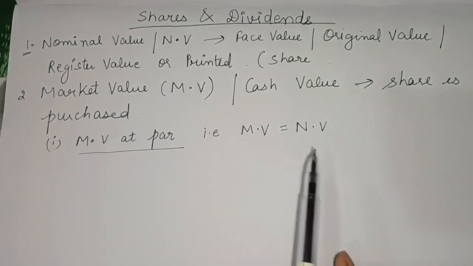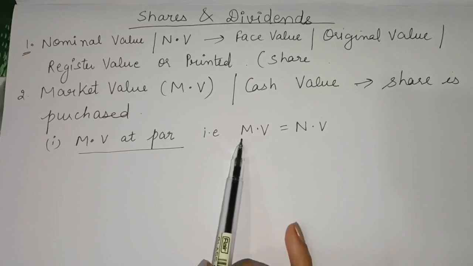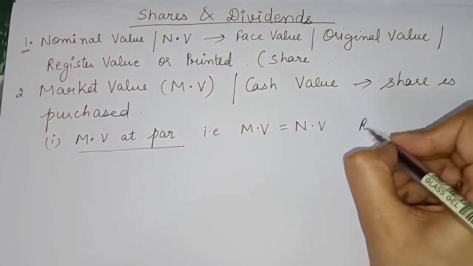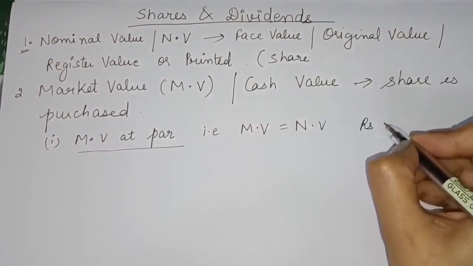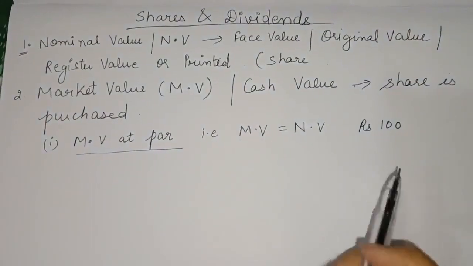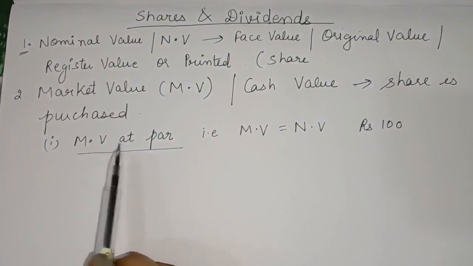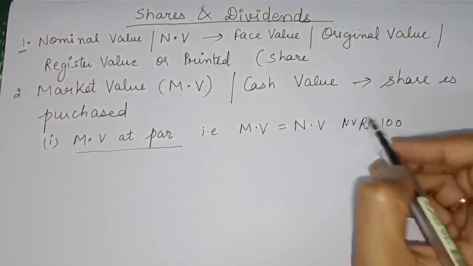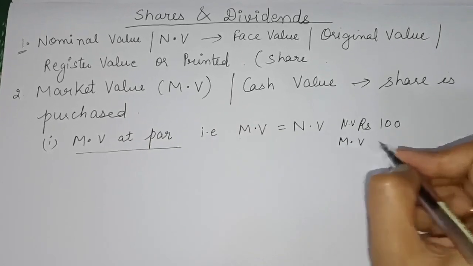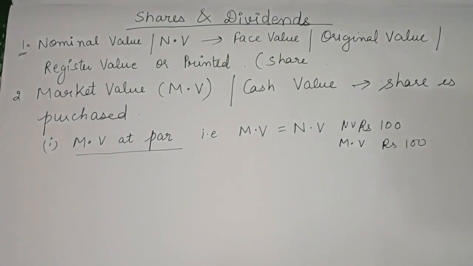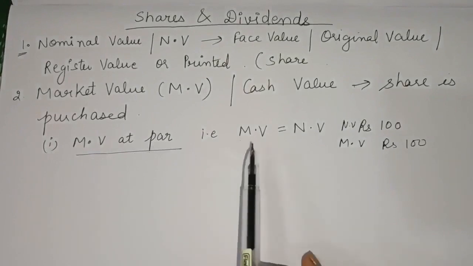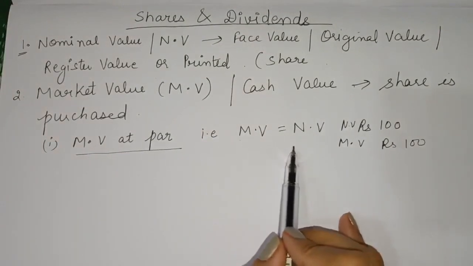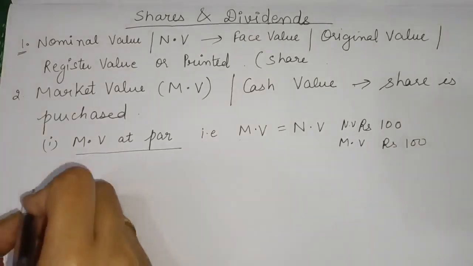So there in that case you have to understand that MV is equals to NV. That means suppose they have given NV is equals to 100. So if this term is mentioned, MV is at par, then you have to understand if NV is 100, that means MV is also rupees 100. So MV at par means MV is equals to NV. That means market value is equals to nominal value.